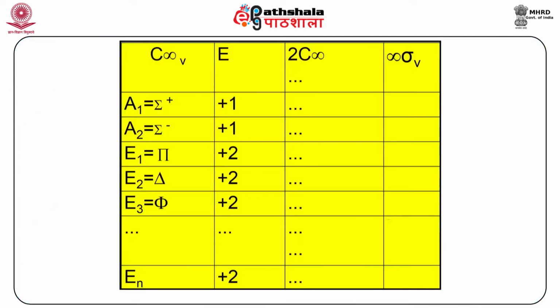That is, A1 is equal to Σ+, A2 is equal to Σ-, E1 is equal to Π, E2 is equal to Δ, E3 is Φ, and these are represented by the character of E, plus 1, that is A1, A2 plus 1, and E1, E2, E3 is plus 2. Like this we have up to En. So, for linear molecules, the Mulliken notation is slightly different from the general point group system.